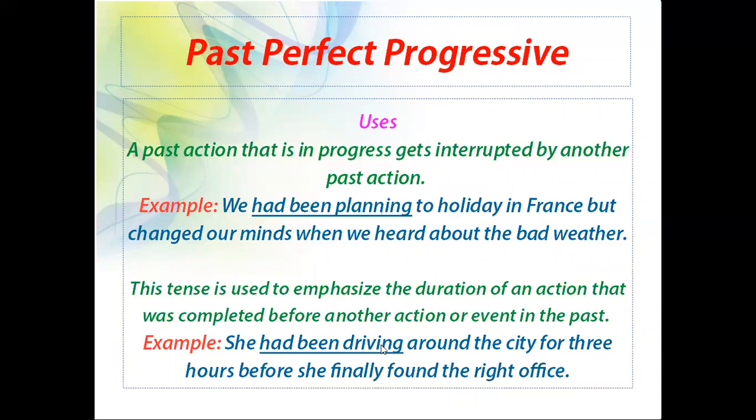She had been driving around the city for 3 hours before she finally found the right office. So this is the example for the past perfect progressive uses.